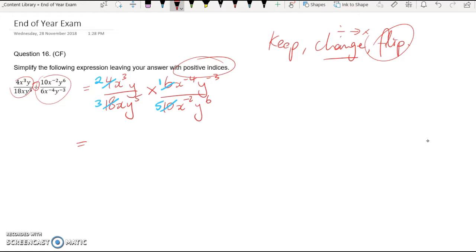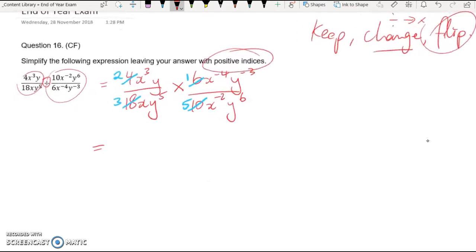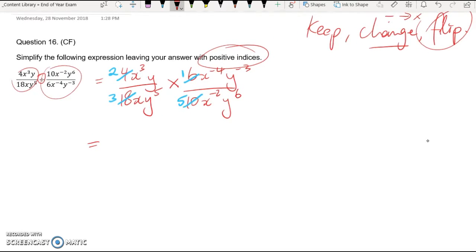From here there's a few things you can do, but what I like to do is the top first. If we just leave the bottom part out for now, looking only at the top section, we've got a coefficient of 2 times 1, which is 2. Then let's look at our x variable. We've got x to the power of 3 times x to the power of negative 4.